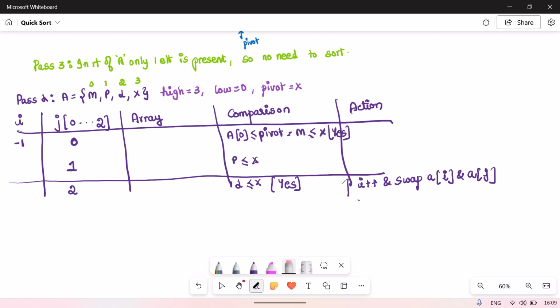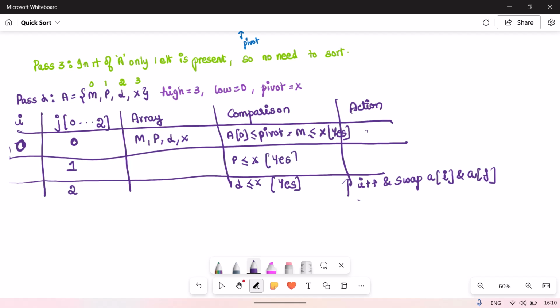So what you're supposed to do is increase the value of I by 1. So this becomes 0. Okay, so exchange A of 0 and A of 0. So it will remain the same, but that exchange will happen. Similarly, when you come here, P is less than or equal to X, it's a yes. So what will happen? I will increase by 1 and A of I and A of j will exchange, but it will remain the same because the elements are the same. It will be P itself.